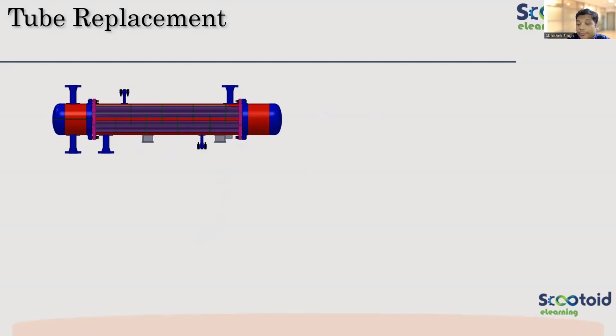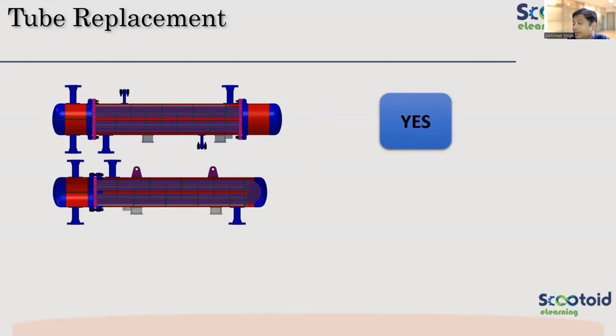Okay. Now, if I have, let us say, U bundle, and configuration is like that, what we have shown, no? Both sides there is gasket. Can I use a toxic fluid in any of the sides? Because both sides I can see there is gasket, which is prone to leakage.